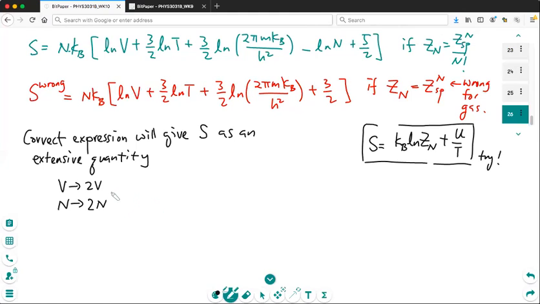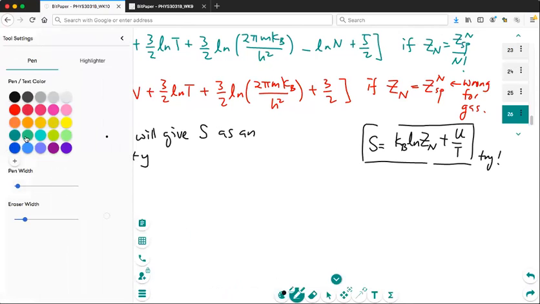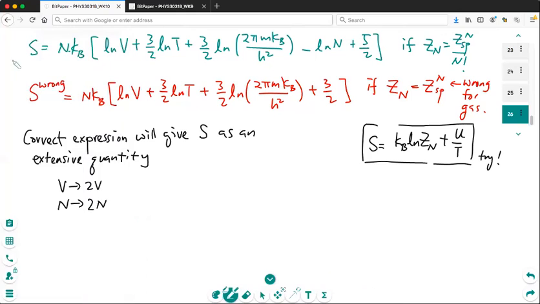Okay, so that is the way to tell that you have to use the correct partition function to get the correct expression for entropy. And this correct expression for entropy is very famous. Sorry, this expression is called the Sackur-Tetrode equation.